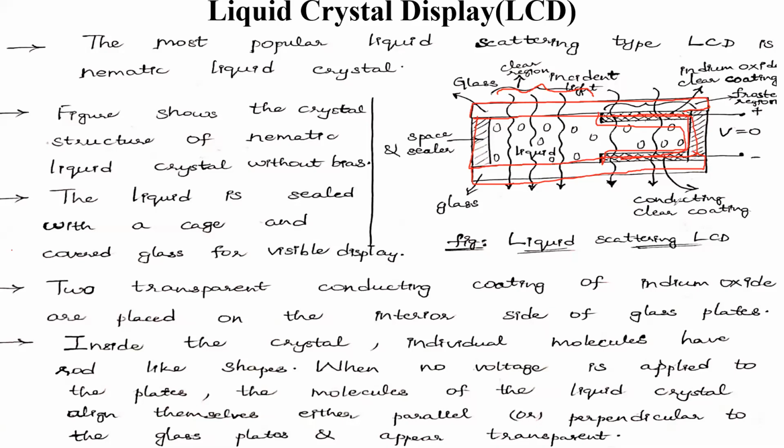These are the components in the liquid crystal LCD. These are the main components. First one is the glass structure, this one and this one. In between, space and sealer, and thereafter indium oxide is provided. This is the Foster region, and the conducting clear coating is provided here.